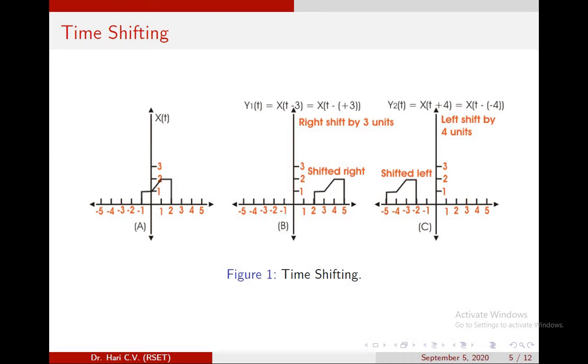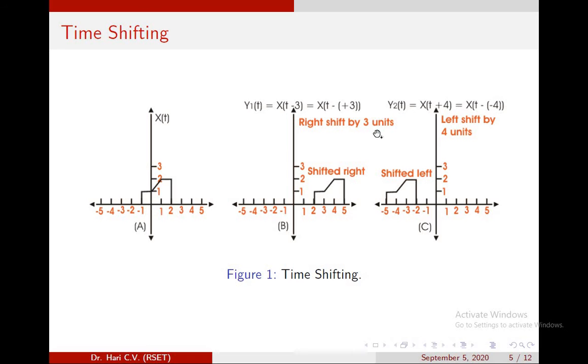The time shifting operations of a signal is shown in figure 1. In figure A, that is the original signal, x of t is defined like this. If we take y1 of t which is equal to x of t minus 3, that is a right shift by 3 units.